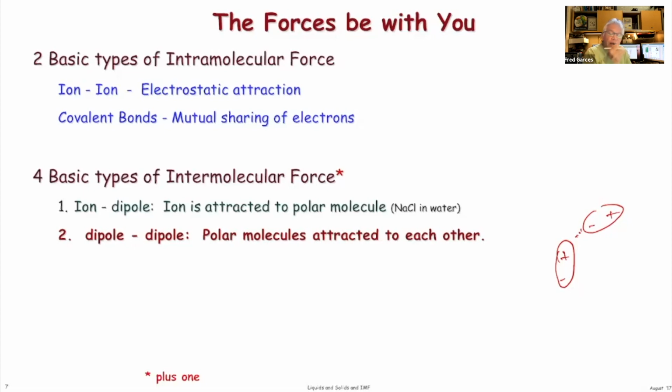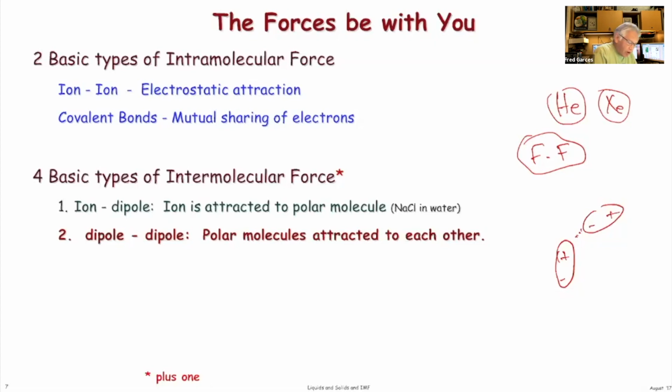If the chemicals are nonpolar, that is, they don't have a dipole, something like helium or xenon, or maybe fluorine, where the electron sharing is mutual, then there's no distortion in the electron cloud, and so those chemicals do not have a dipole.